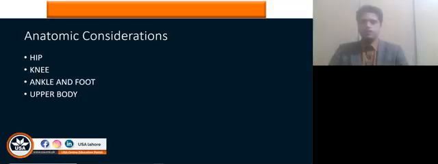Apart from that, adduction and abduction and a small amount of rotation also occur along with them. As you can expect, impairments in any or all of the three movement planes can cause problematic deviations of the typical gait pattern of the hip and other joints. So for normal locomotion, flexion, extension, abduction, adduction, and your rotations must be normal and aligned with one another.